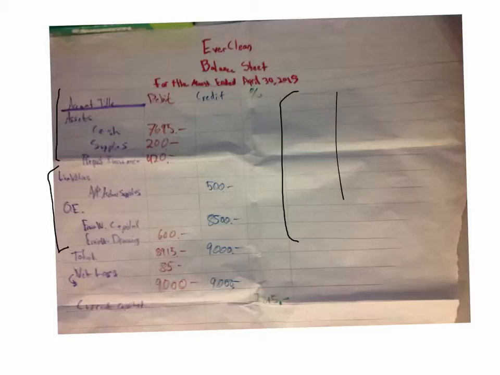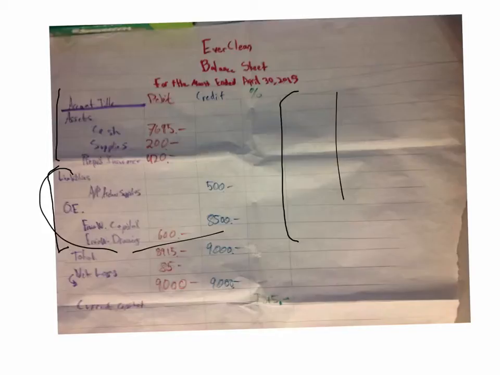And then it also should have the total assets. All of this should be out of the way over there, and then the total should be total assets.